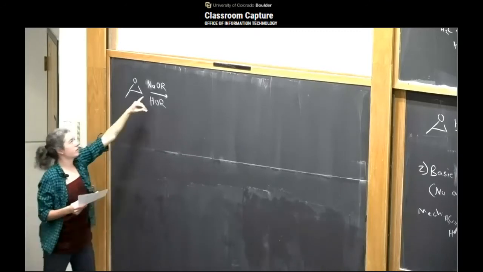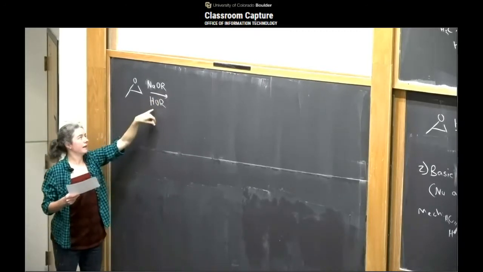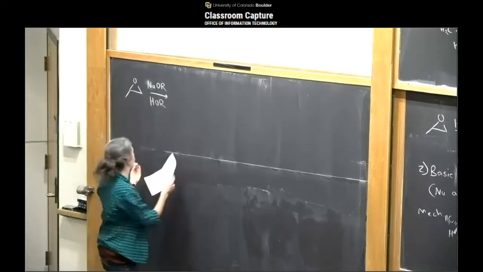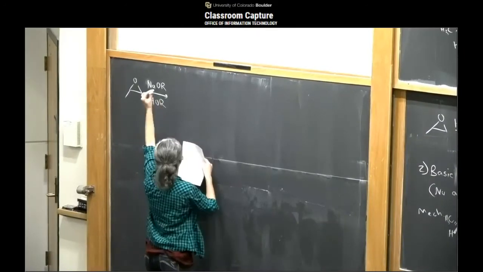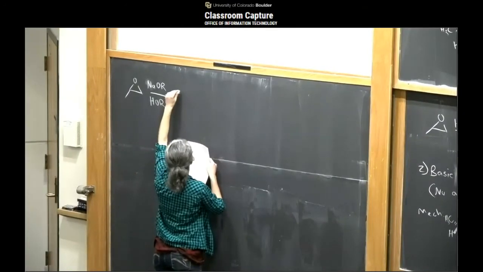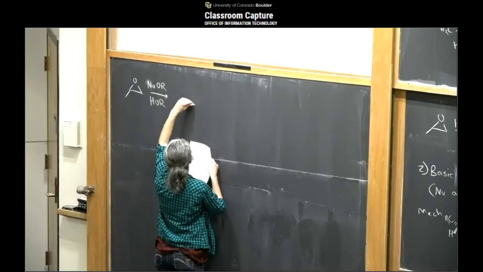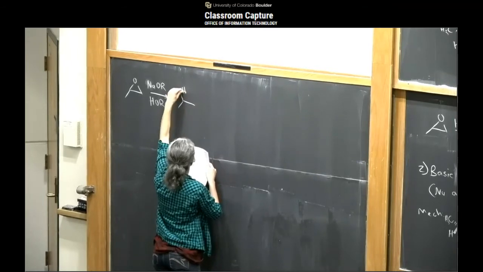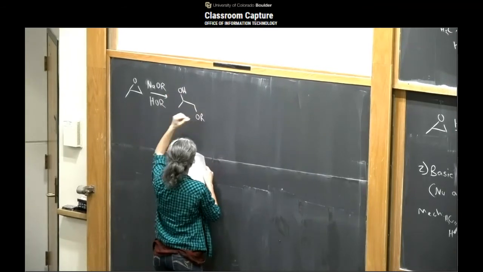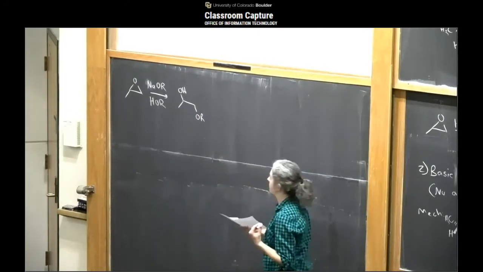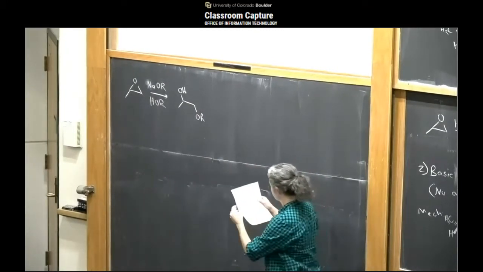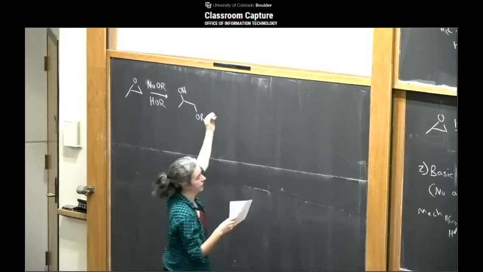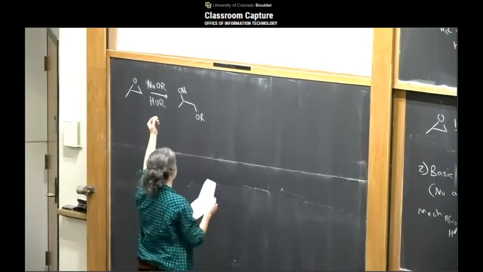So whatever OR minus and then HOR as the solvent. Okay, so in this case, we're going to end up with OH here, and then OR stuck off the less substituted carbon. Okay, so here we can definitely tell the difference in outcome between acid and base conditions.